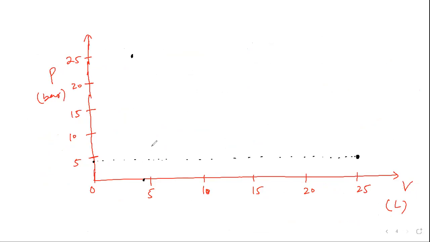So first I have this reversible path. Remember, it is an isotherm. So this is my path 1, right? Which is reversible.